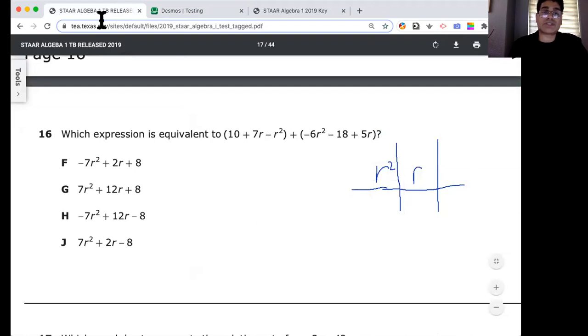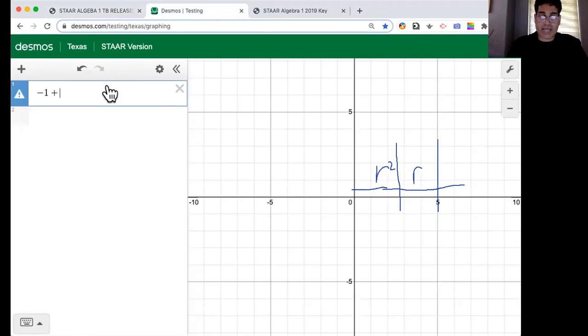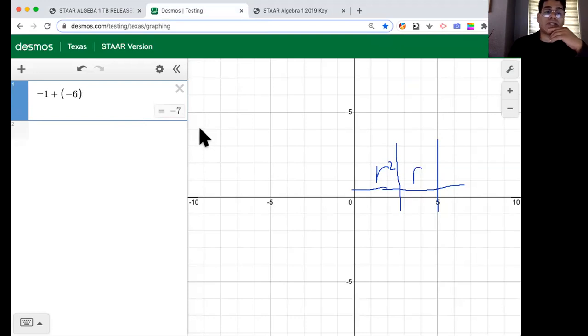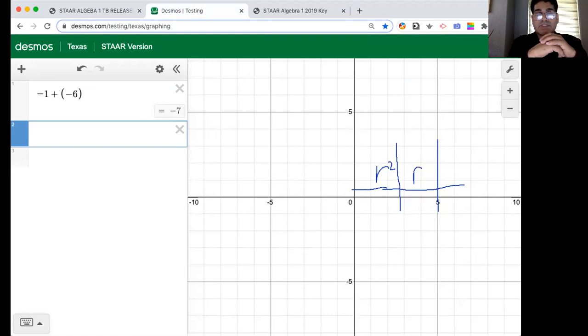And what's in front is a negative 6. So we're adding, let's be careful here, let's put our parentheses, negative 6. Okay, so we have a plus 1 and a negative 6. And remember, Desmos is not going to allow you to combine the variables, because it's in test mode.